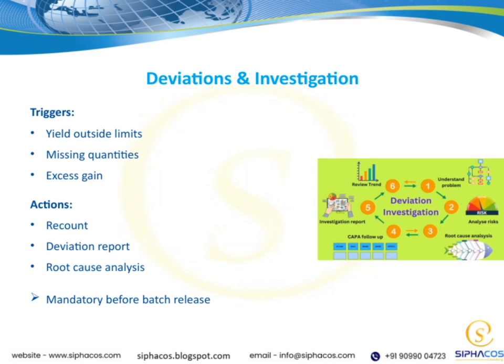We also generate a deviation report to document what happened, and conduct a root cause analysis to identify the underlying reason for the deviation. It's important to remember that these steps are mandatory before releasing a batch. Ensuring that we thoroughly investigate any deviations helps us maintain quality, compliance, and ultimately, the integrity of our products. This process is fundamental to our overall quality management system.